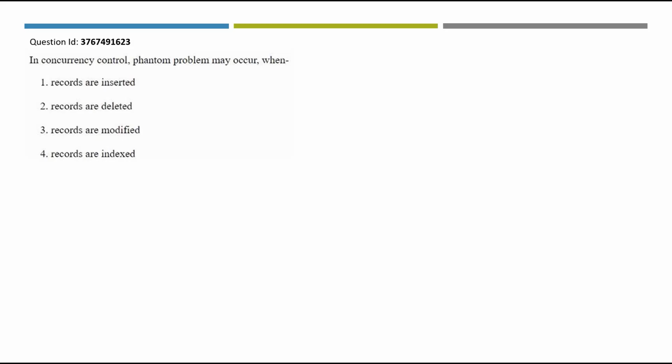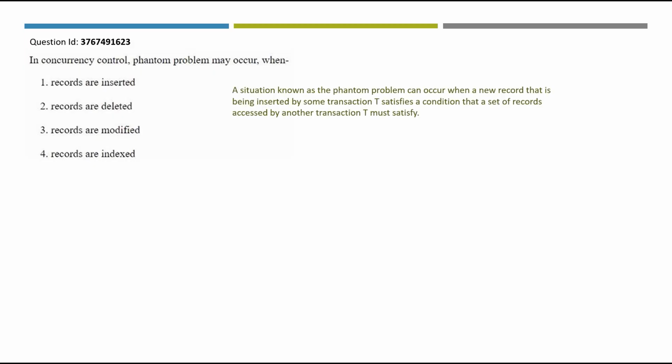Next question. In concurrency control, the phantom problem may occur when? Actually we have come across this phantom problem in certain previous year question papers. A situation known as the phantom problem can occur when a new record that is being inserted by some transaction satisfies a condition that a set of records accessed by another transaction must satisfy.